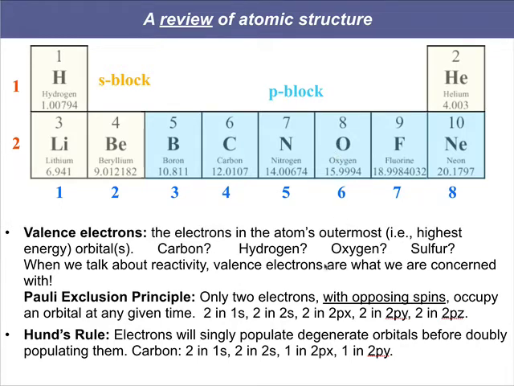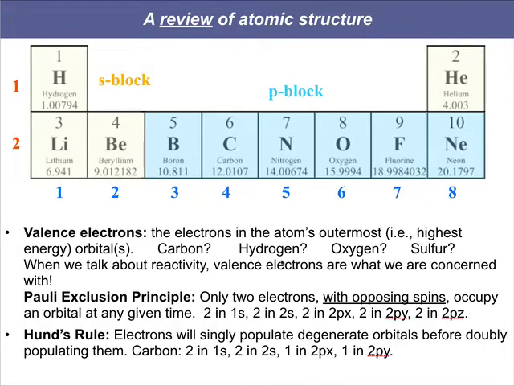Okay, and when we talk about reactivity, remember that it's the valence electrons that we're concerned with. Inner core electrons do not react. If they do react, it's in a very, very odd or specific set of circumstances. So it's going to be the valence electrons that determine reactivity. So that's really all we have to look at.